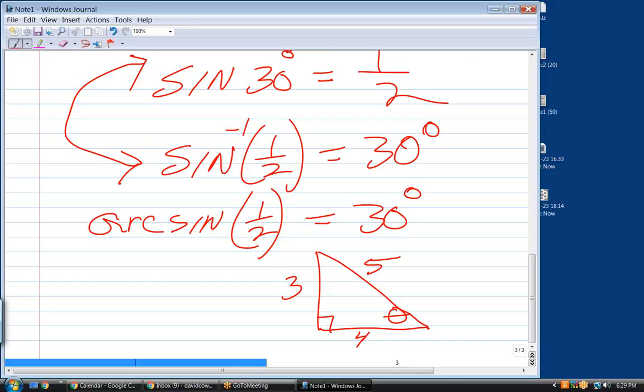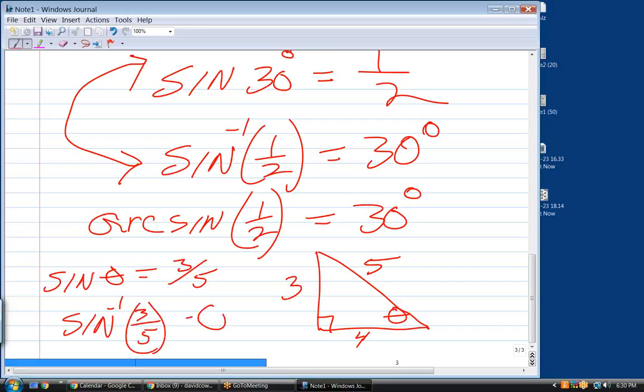But if we wanted to solve for theta, we could start out by saying the sine of theta equals 3/5. So, therefore, the inverse sine of 3/5 equals theta. I just put it in my calculator: the inverse sine of 0.6.